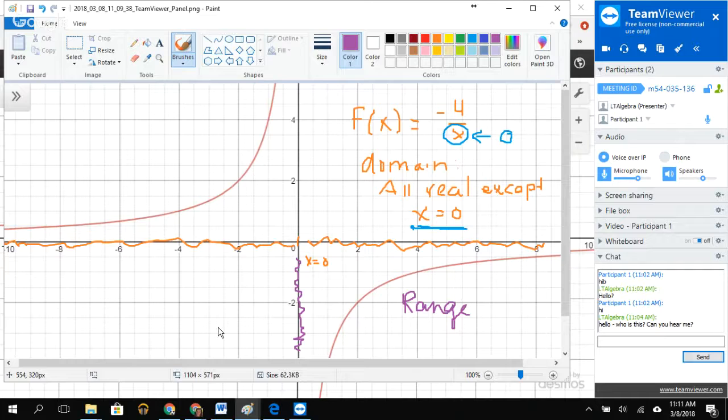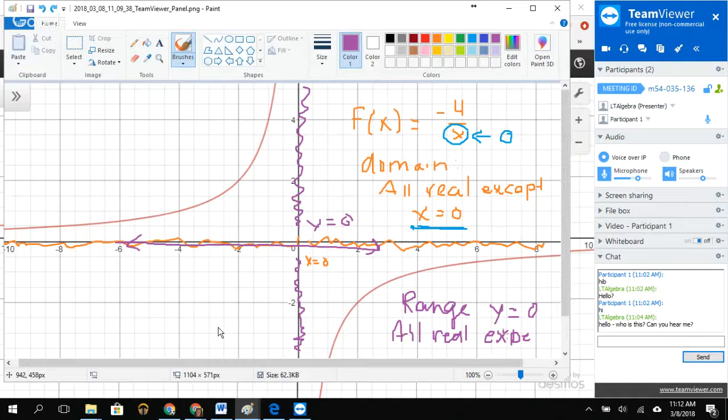And then we get to y equals 0 right here, and it looks like we can't make y equal 0. And then after that, we're good for all these y's up here. So the range is also all reals except y equals 0. Y cannot equal 0.